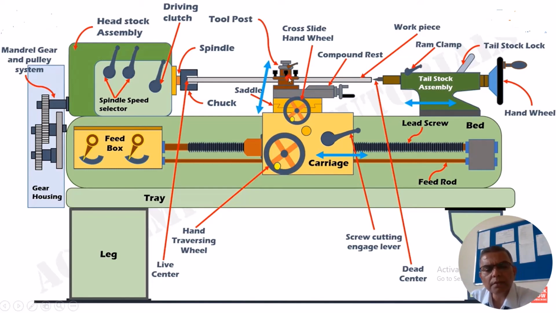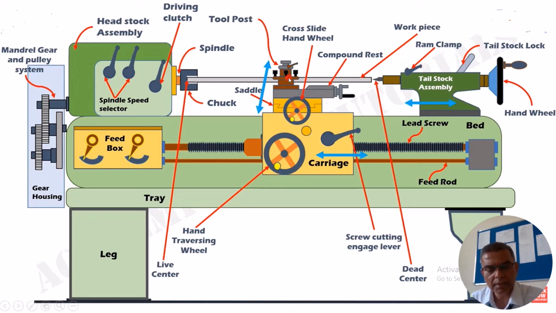As far as the parts are concerned, this is the carriage, which moves in the longitudinal direction, parallel to the lathe axis. This is the saddle, this is the compound rest, and this is the tool post where the tool is held, which moves with the cross slide perpendicular to the lathe axis.